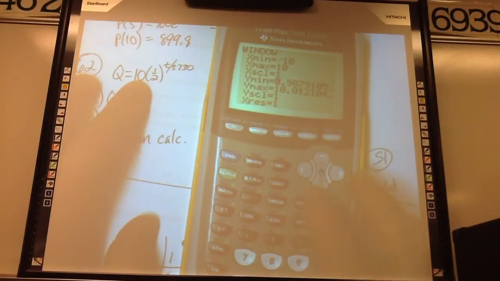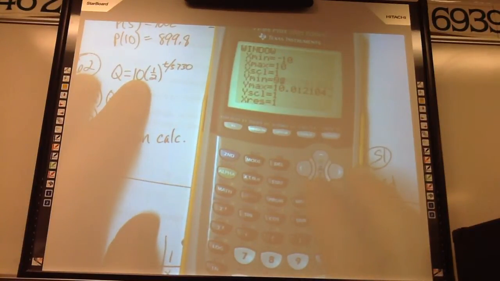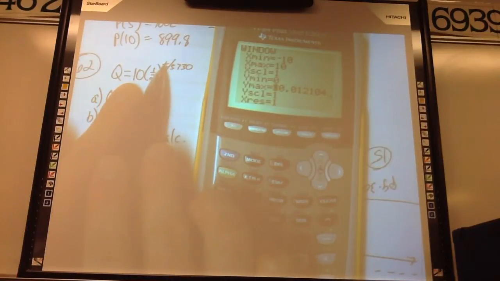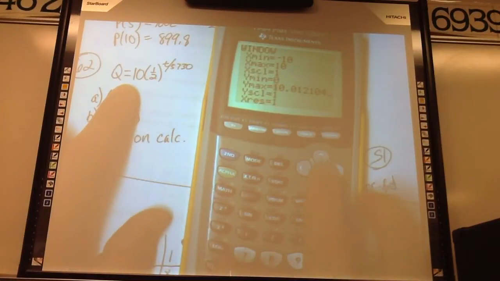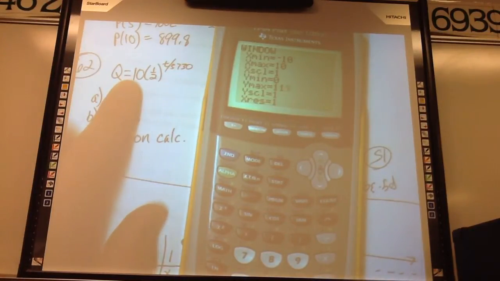So y is going to go from 0 to... well, when t is 0, you should be able to do this one in your head. It's 10, isn't it? And isn't it going to just get smaller from there? So the maximum we need on y is, I can go 11, just so there's a little gap. Maybe just go 10.